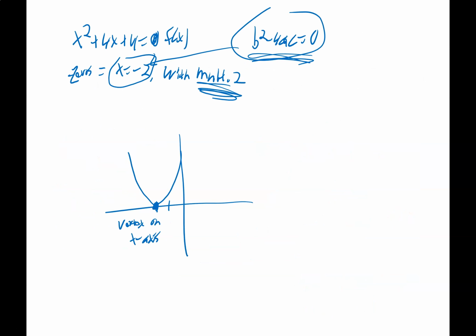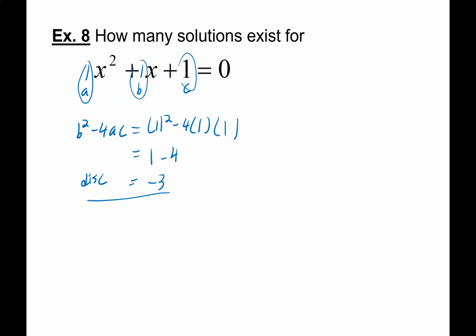So let me show you how that works out. Again, I'm going to take that equation and start from scratch. So x squared plus x plus 1 equals 0. And this time, since I don't get real answers, I'm not even going to try to factor it because I know it won't factor. So I'm just going to go x equals -b plus or minus, well, you know the drill.